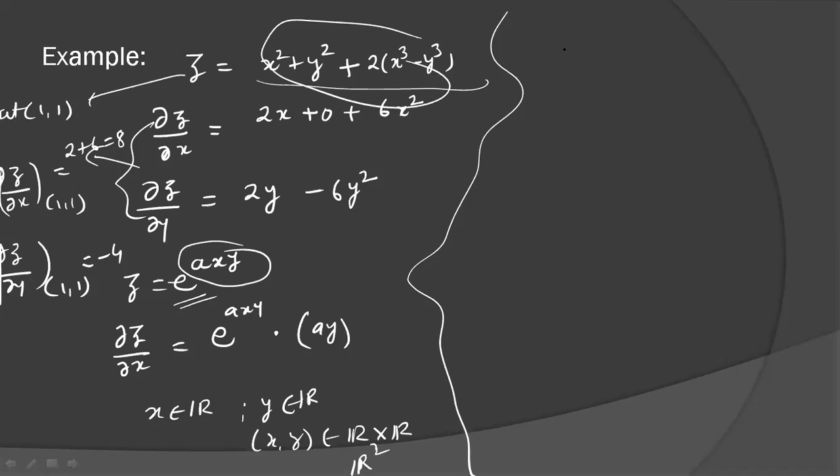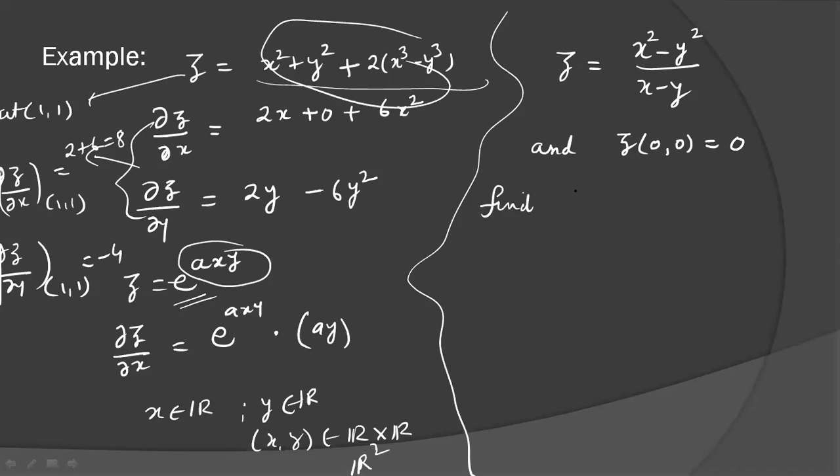But if the function is in the form of, suppose, x square minus y square over x minus y, and z at 0, 0 I am giving to you as 0. Find del z over del x at 0, 0 and del z over del y at 0, 0.